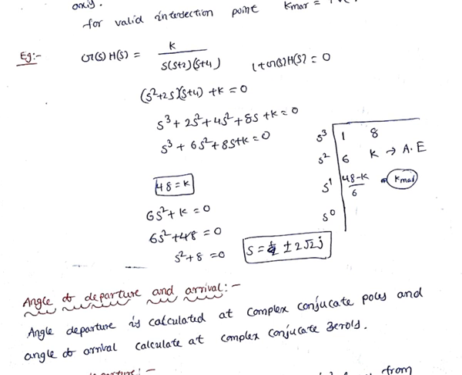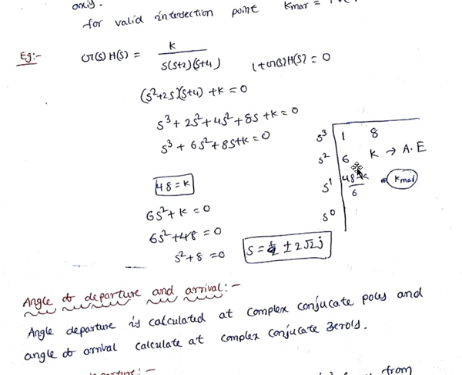The final characteristic equation becomes s cube plus 6s square plus 8s plus K. Now form the Routh tabular form. For the s cube row, first write the odd coefficients, the s cube coefficient and the s coefficient. Next, the s square coefficient and the s power 0 coefficient: 1, 8, 6, K.